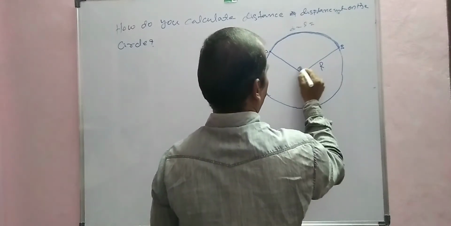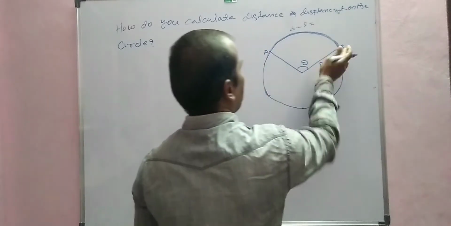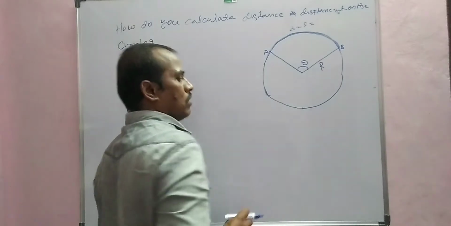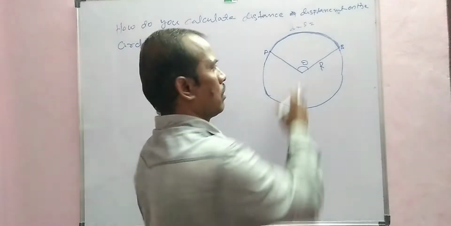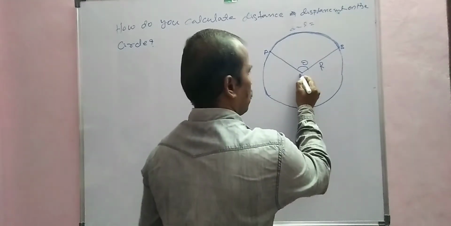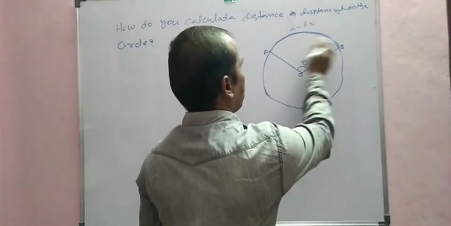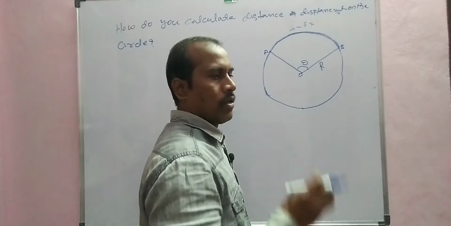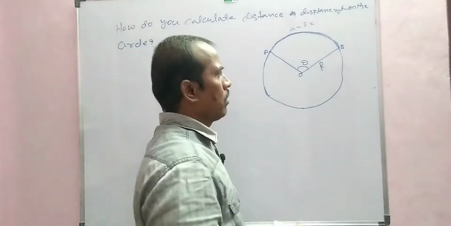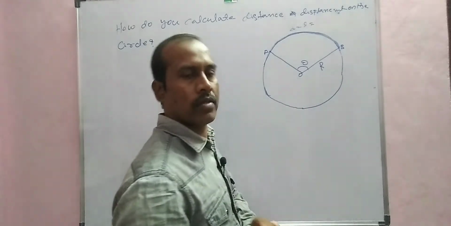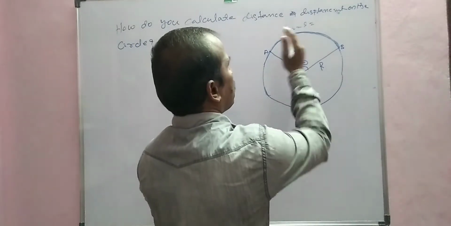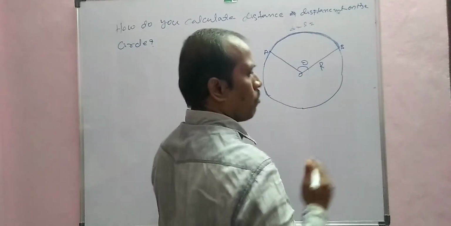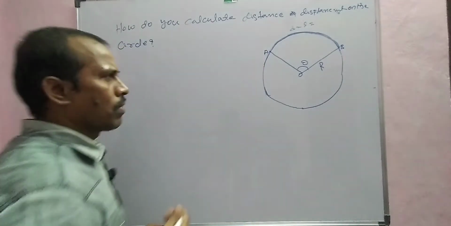This arc AB subtends an angle theta at the center O of the circle. AB represents the distance, and the distance is equal to L. How much is L?